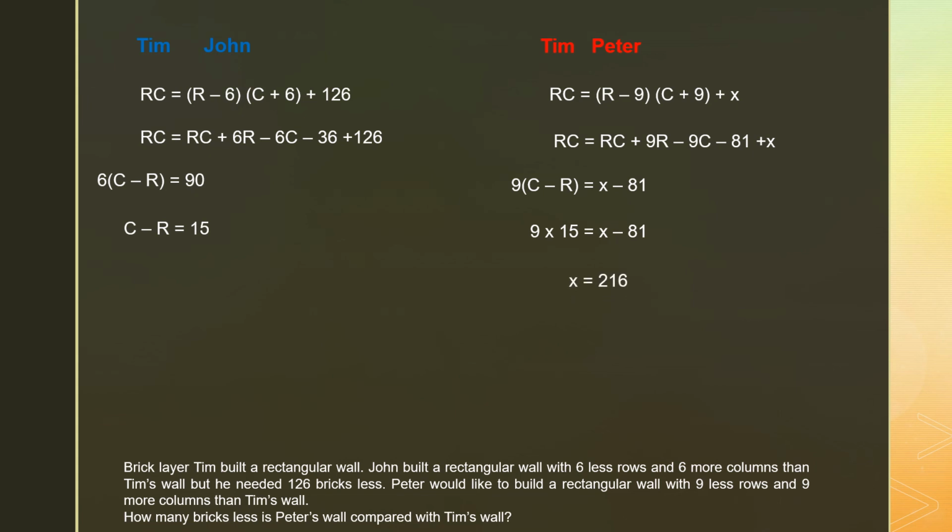So X is 9 times 15 plus 81. 9 times 15 is 135. 135 plus 81 would be 216. That means if Peter is building this wall with 9 rows less and 9 columns more, then he needs less bricks. He needs 216 less bricks than Tim's wall.